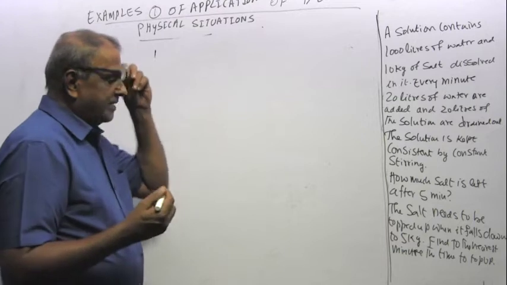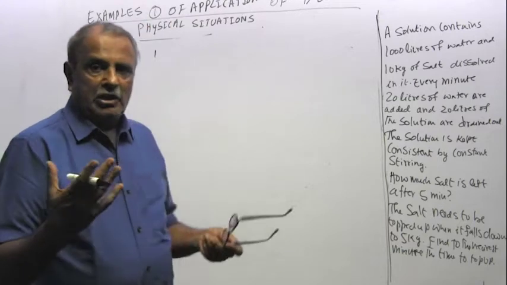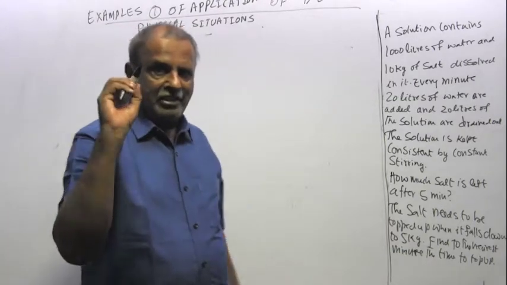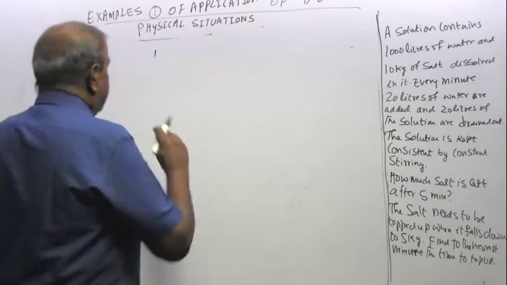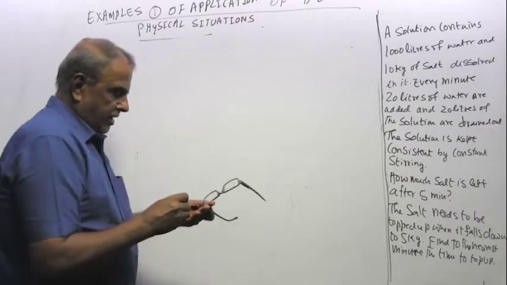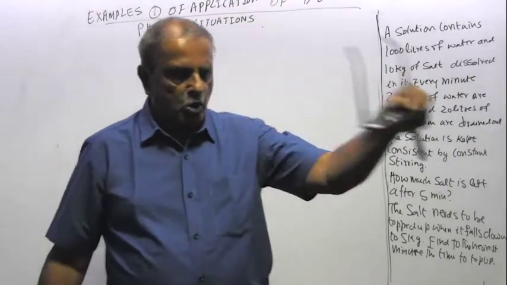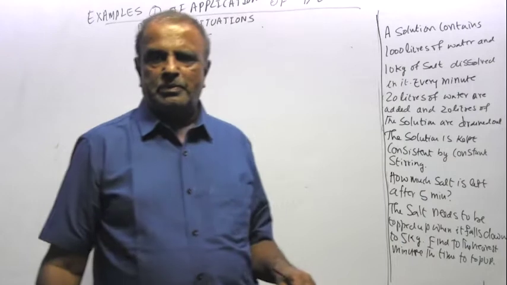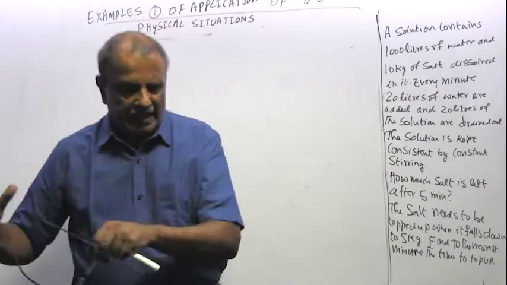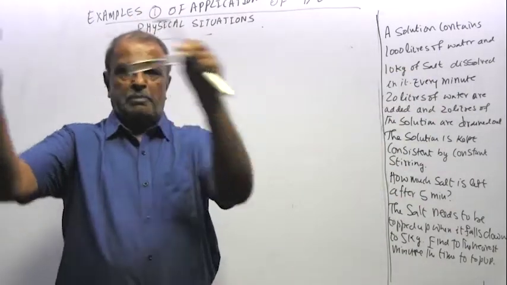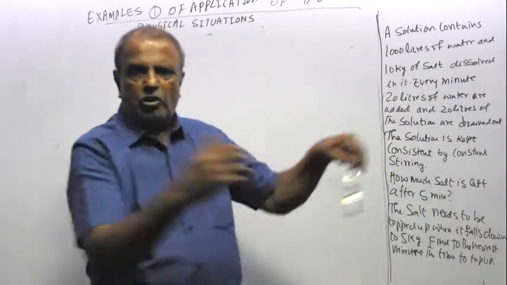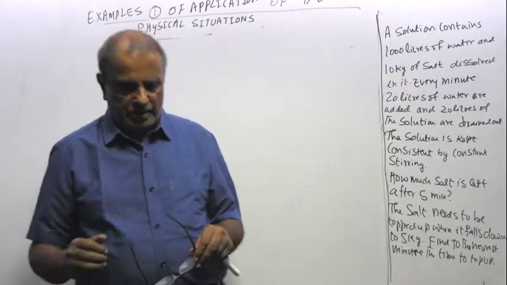See, this is again a very clever question. It looks very simple, but it's not as simple as it looks. Remember, you're putting in 20 liters of water and you're removing 20 liters of mixture. So every time you're removing some salt, replacing it by water, removing some salt, replacing it by water.